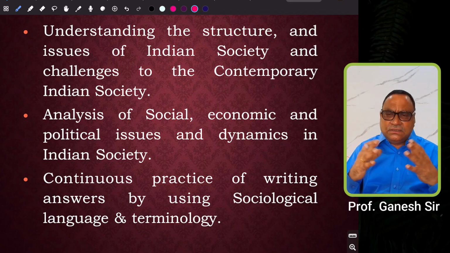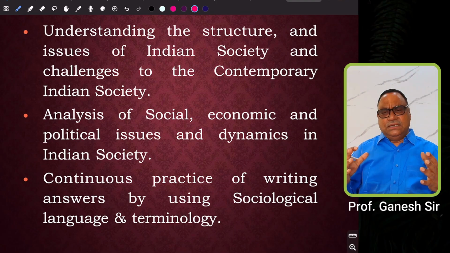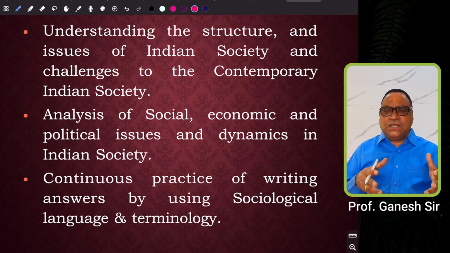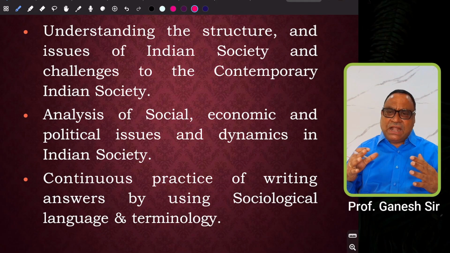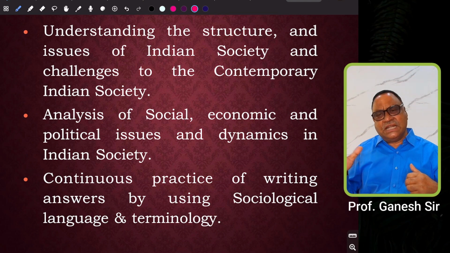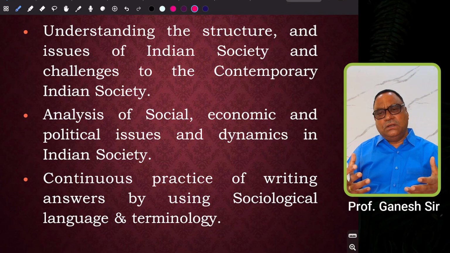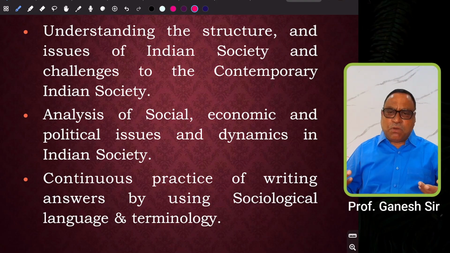Then a student is supposed to have a broad idea about this. Then a student is supposed to analyze the issue and identify the factors responsible for that issue and what kind of initiatives have been made by the government of India and respective state governments to solve those issues, and what kind of suggestions we can make to prevent that problem or to solve that particular problem. So this kind of thinking is very much required, especially for paper 2.